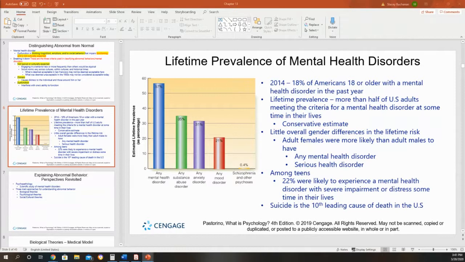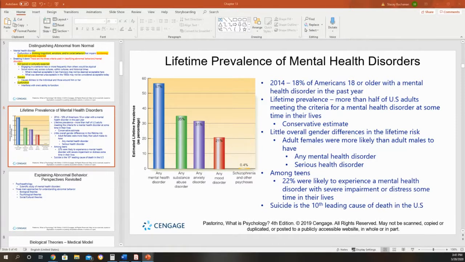So that's something to bear in mind, that these are conservative. These are probably on the low end, numbers wise. So 18% of all Americans in 2014 who were 18 or older were thought to be suffering from a mental disorder.